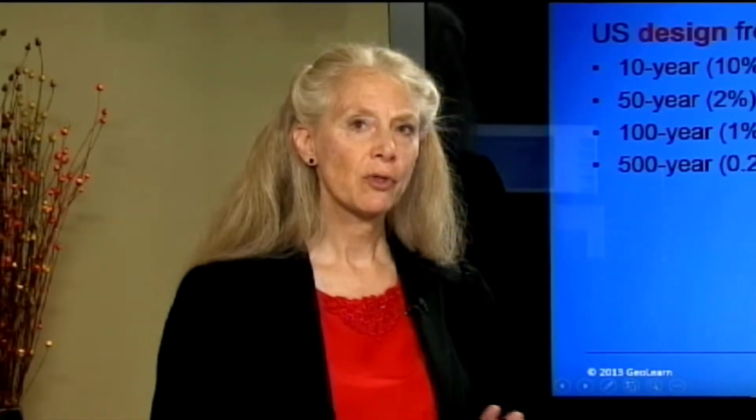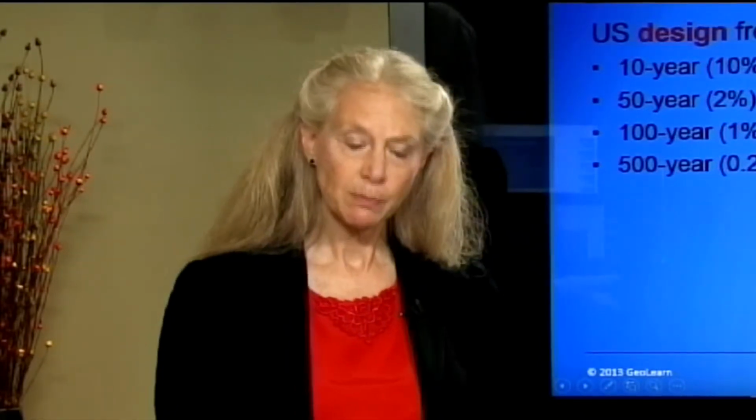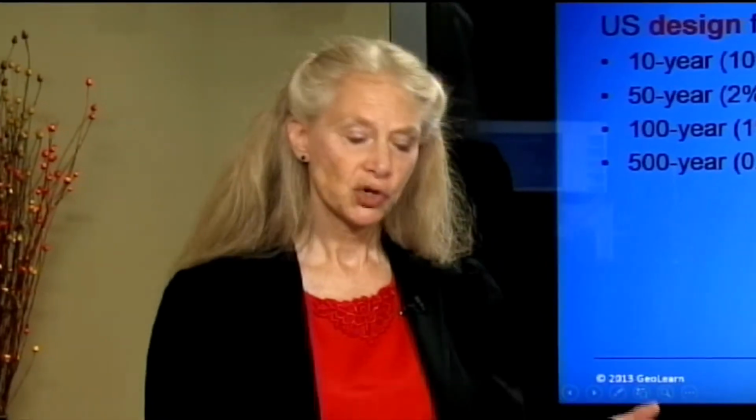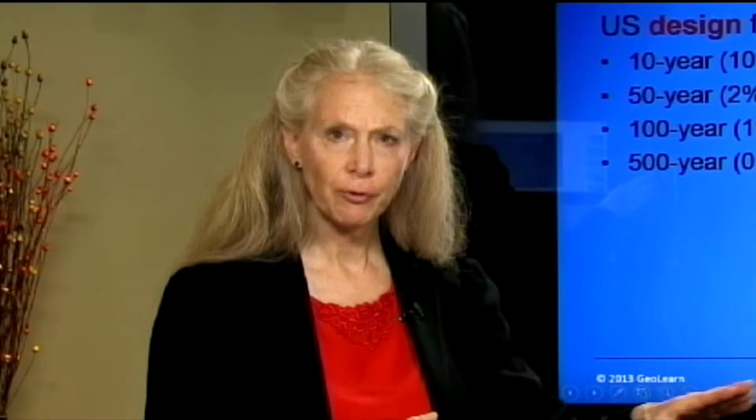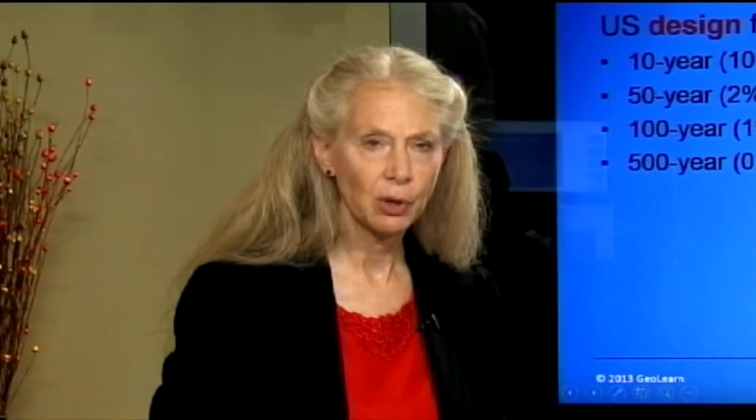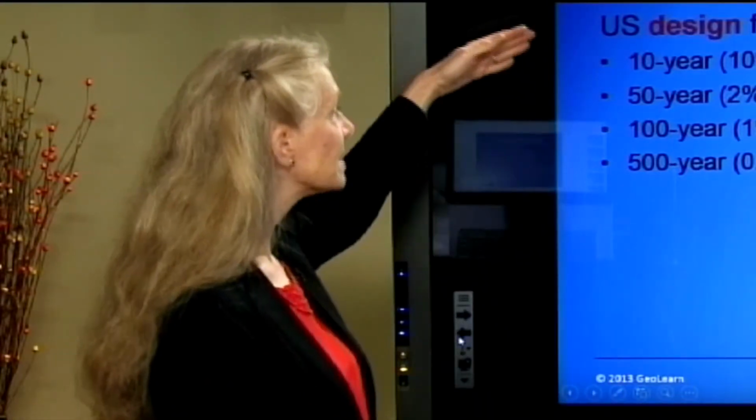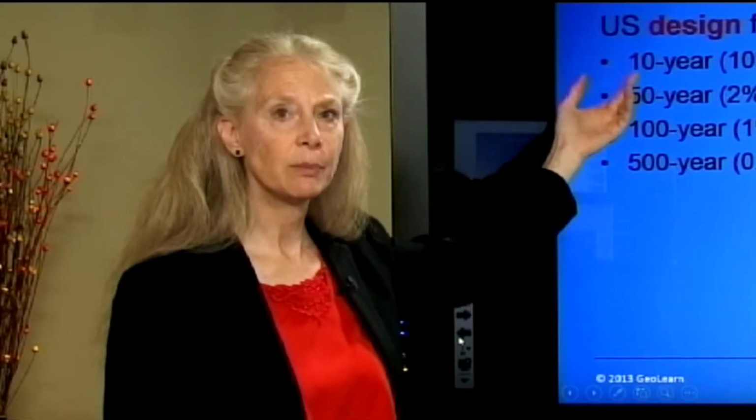We need to remember that every surface of this planet, given the proper circumstances, it is possible for it to flood. It's just what is the probability of that area flooding and what is the frequency of that possibility occurring. So when we're designing, we look at the 10-year possibility.